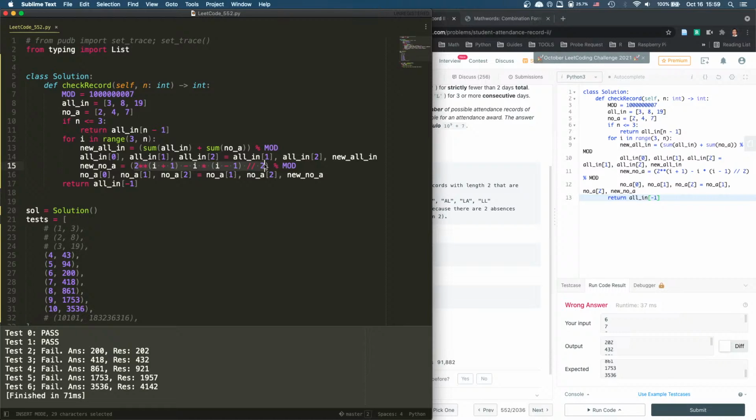How do we compute it? So this is 13 plus 7 plus 4, right? Which means that's 7 plus 4 plus 2. So that's just a sum of no A, right? The sum of no A, the previous sum of no A, that will be the result. 7 plus 4 plus 2, yeah.